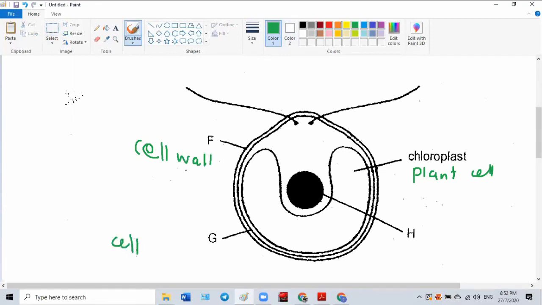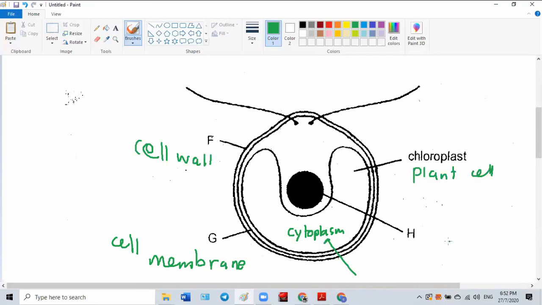Oh, G. Yeah. What about cytoplasm? Cytoplasm is inside here. You point anywhere inside here, that's called cytoplasm. Get it?